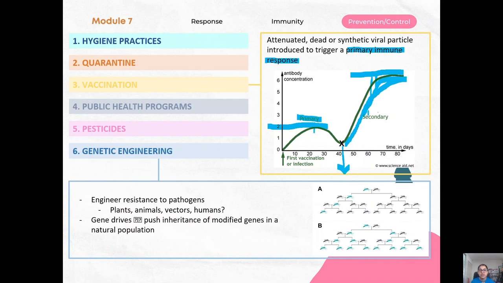Genetic engineering is still sort of in progress as a process. This is where we are engineering resistance to pathogens, so to plants, animals, vectors, humans. There's been research into engineering Anopheles mosquitoes that spread malaria. I cannot remember, I think they have red eyes or something.